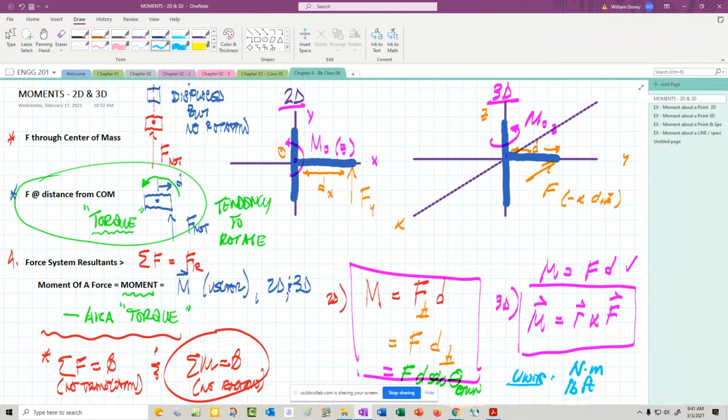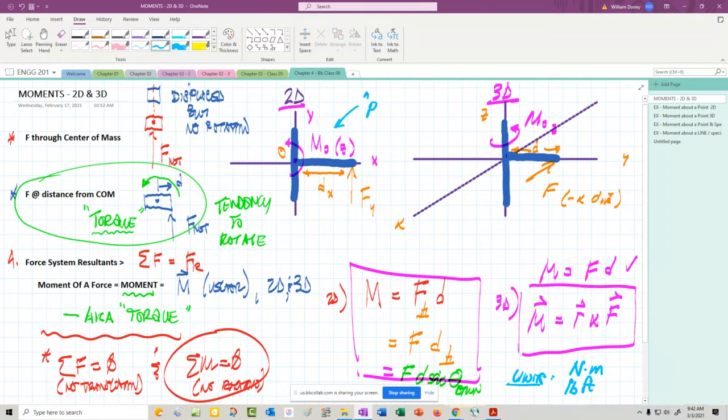All right, so we're looking at the tendency of this force or forces to create rotation about a point or an axis. And even if there's no movement, if there's no rotation, a moment is still produced about that point or axis.